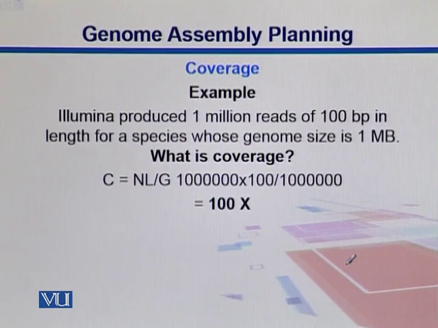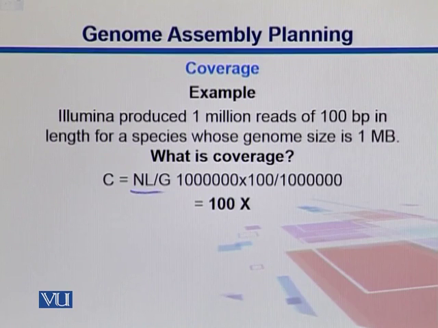Here we try to understand coverage by using an example. In this example, an Illumina sequencer produced 1 million reads. Illumina's read length is 100 base pairs. For this species, the genome size is 1 MB, which is a million base pairs. So we use the equation C = NL/G.